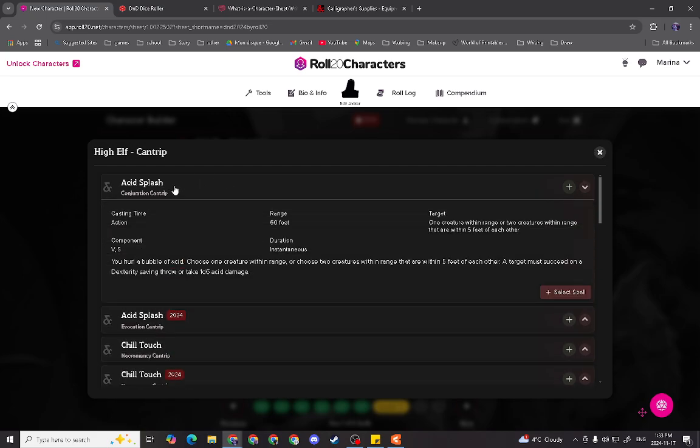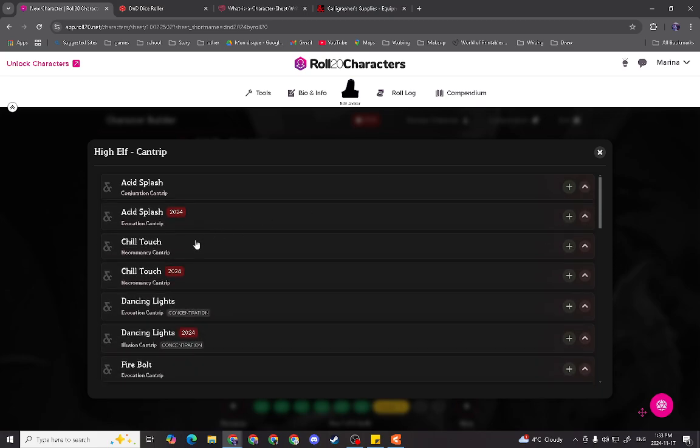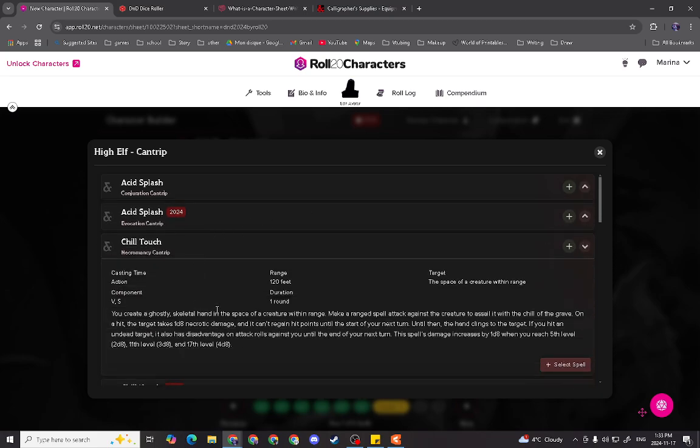So we've got acid splash, which is hurling a bubble of acid towards one or two creatures within range. Chill touch, which creates a ghostly skeletal hand, and it assails it with the chill of the grave. Essentially, they take 1d8 damage.